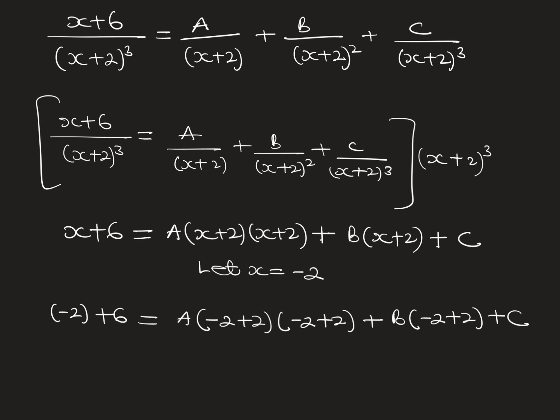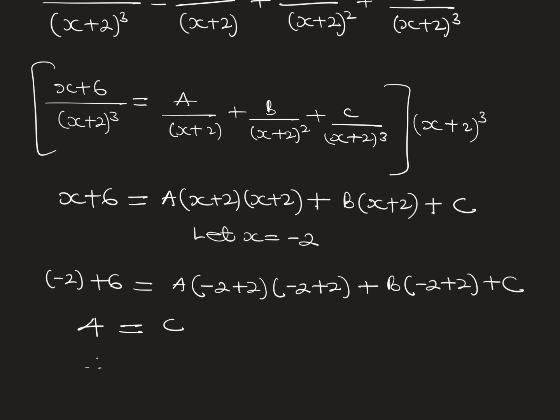So that is going to be 4 is equal to, because we have a minus 2 plus 2 here, this is 0, so it means everything here will be 0. Here, minus 2 plus 2 will also be equal to 0. This is also going to cancel out. So we are only going to have c, okay? So therefore, c is equal to 4.